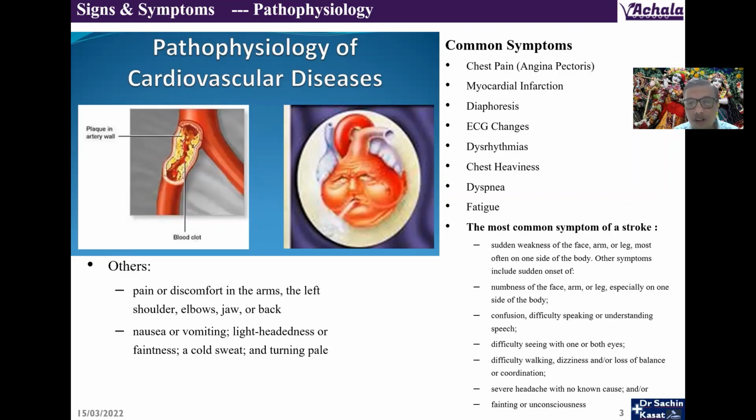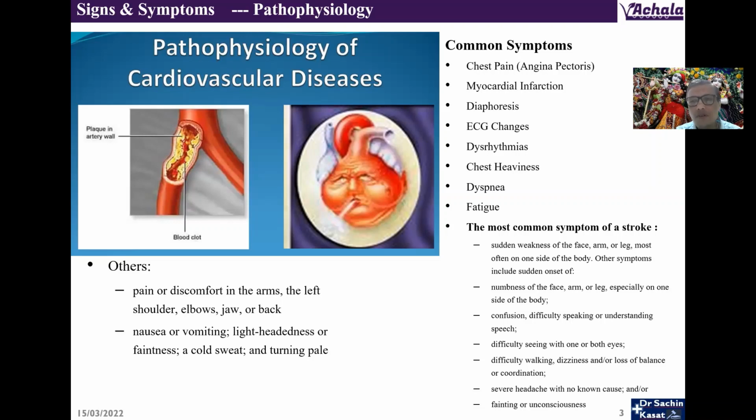In case of stroke, the symptoms would be sudden weakness, either of the face, arm, leg, any one side of the body. And other symptoms would be numbness, confusion, difficulty in speaking or understanding, slurring of speech, difficulty in seeing with one or both eyes, difficulty walking, dizziness, loss of balance, headache without any known cause, and fainting and unconsciousness.